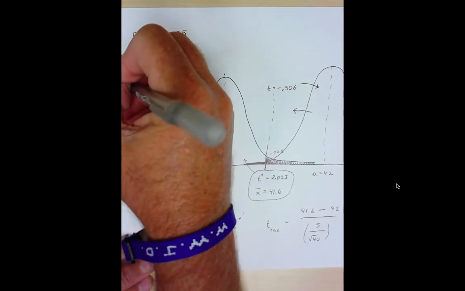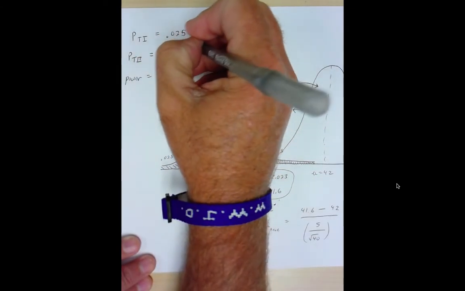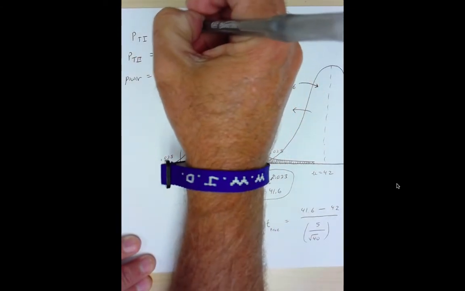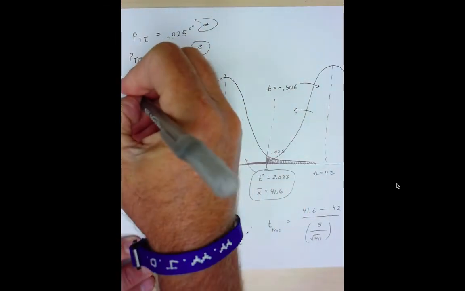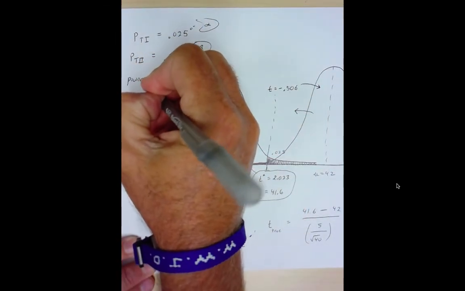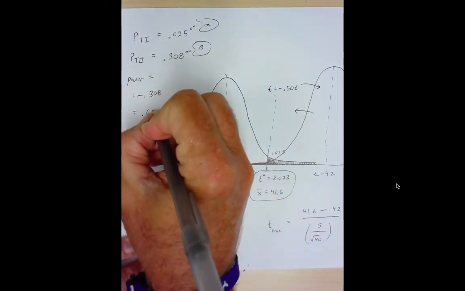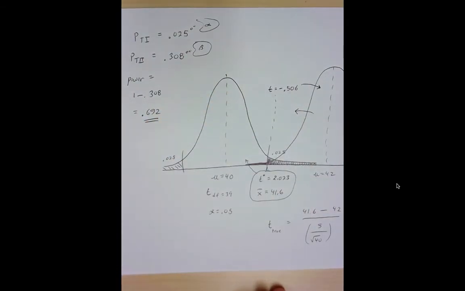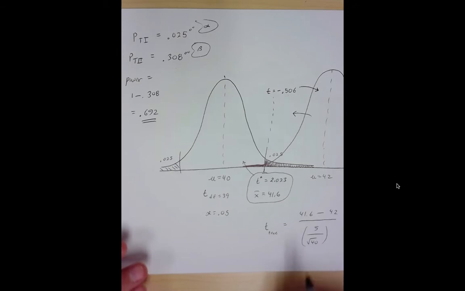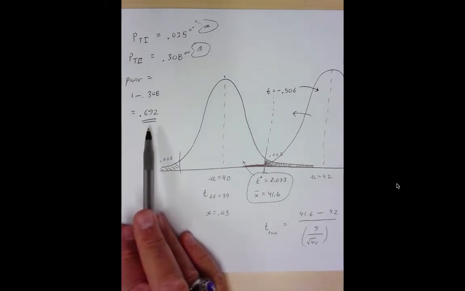So this tells me that my power, now again, think of this as beta. Think of this as alpha. So my power is going to be 1 minus my probability of committing a type 2 error. So what is that? 0.692. So notice that from switching from a one-tail test to a two-tail test, my power goes down from 0.80 to about 0.70.